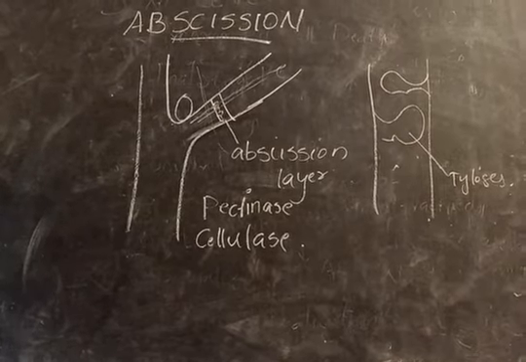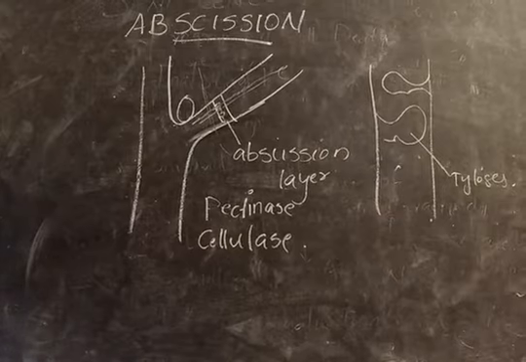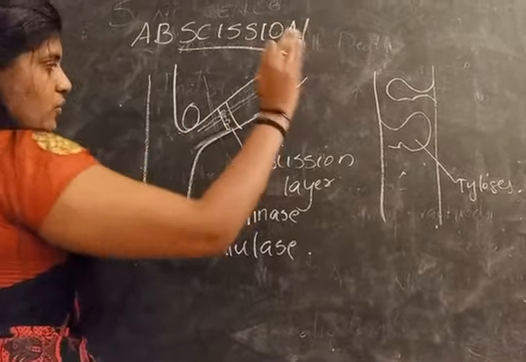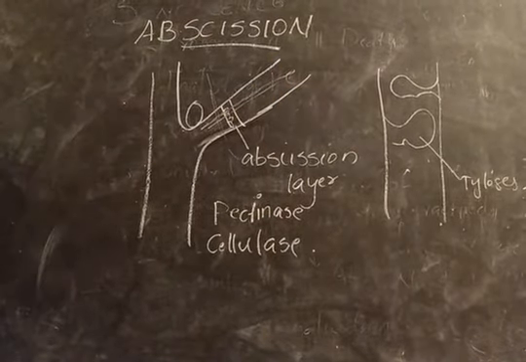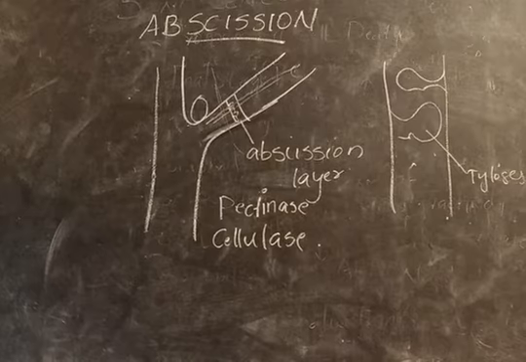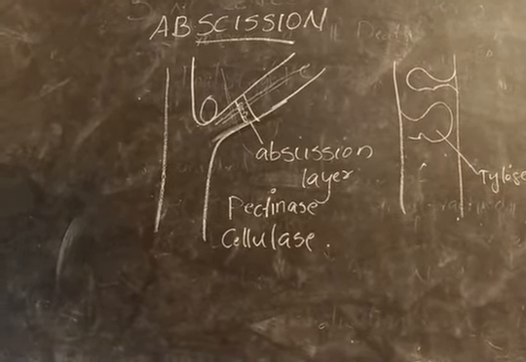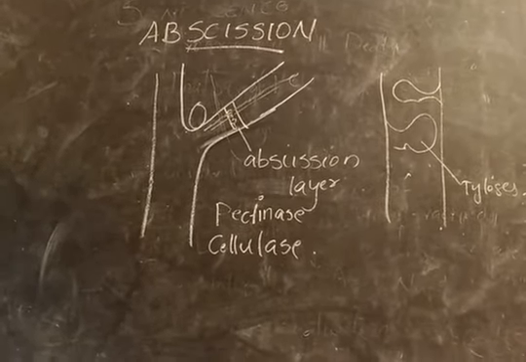Degradation of chlorophyll occurs, leading to the change in color of leaves. So, in the senescent part, the chlorophyll molecules undergo degradation, which leads to change in the color of the part. Then the leaf detaches from the plant and the leaf falls.